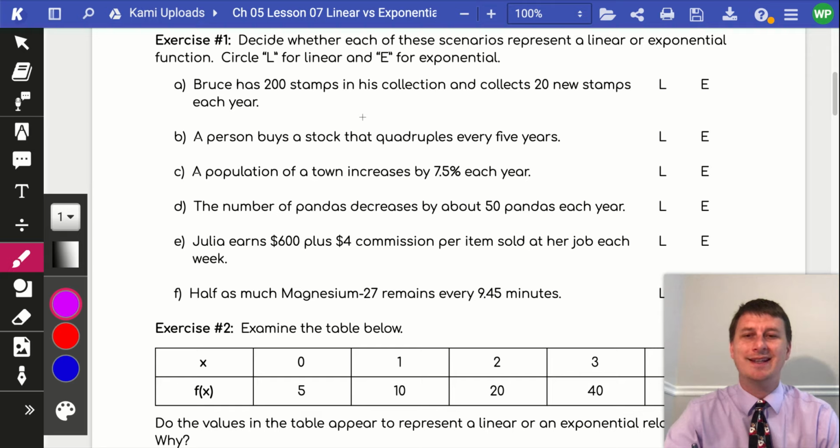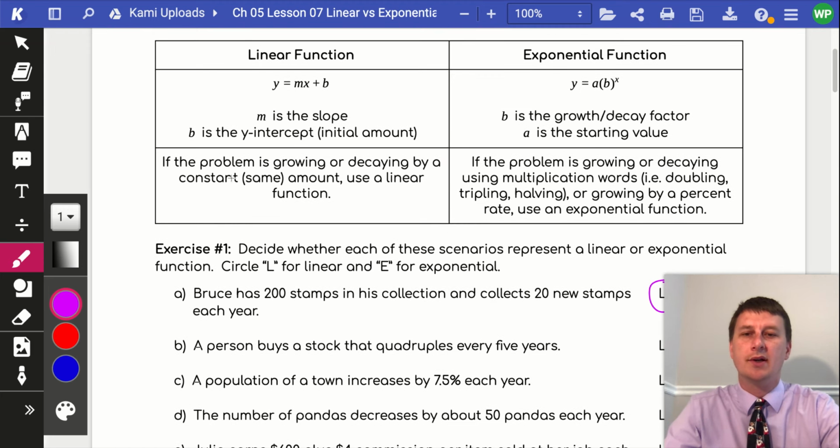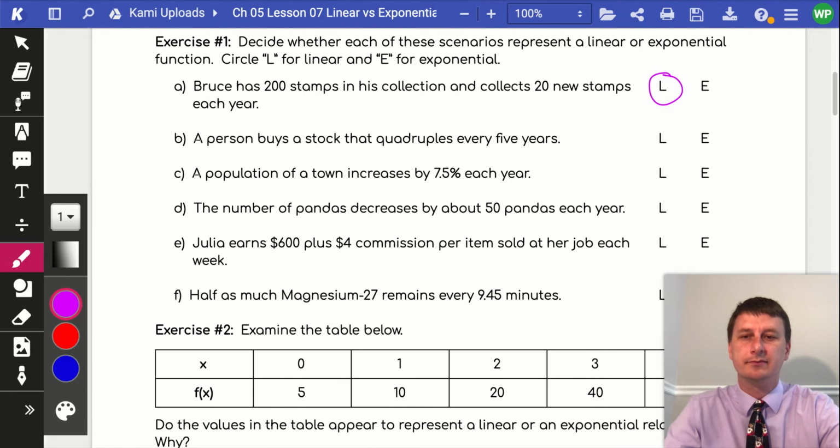So if he's collecting the same amount of stamps every year, that is a constant amount being added on. So that makes it a linear function, as we just saw in this table above, where it says it's growing by a constant amount, use a linear function. Let's see part B. A person buys a stock that quadruples every 5 years.